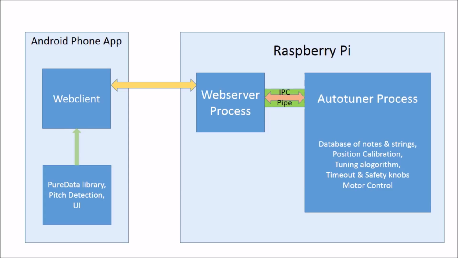One of the key things that I spent a lot of time on was running these two separate processes and doing inter-process communication between them to pass messages back and forth. One of the main reasons for passing the messages back and forth is so that only when the Autotuner program is ready to tune, then only will it tell the web server to accept the data and send it to the Autotuner process.